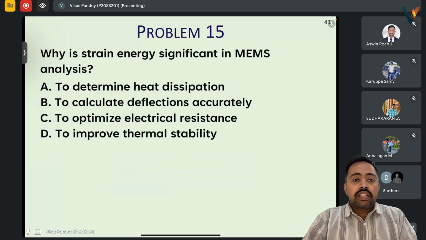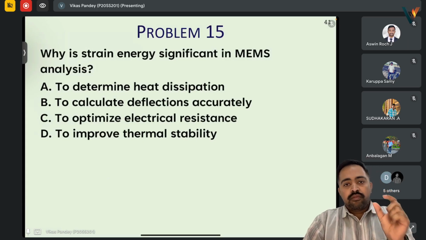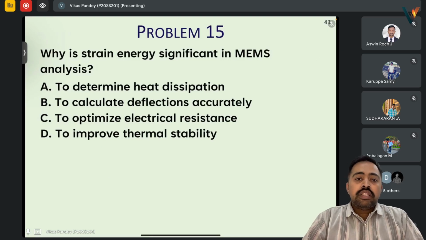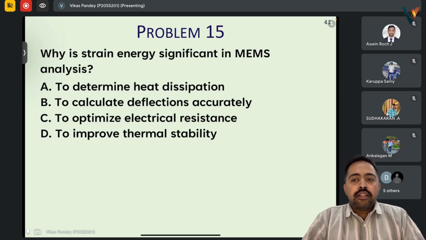why is strain energy significant in MEMS analysis? Why is the energy due to the strain in the MEMS important? To determine the heat dissipation, to calculate deflections accurately, to optimize electrical resistance, to improve thermal stability. Yes, anyone?